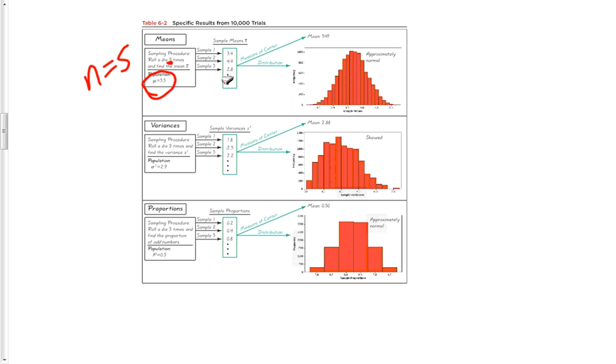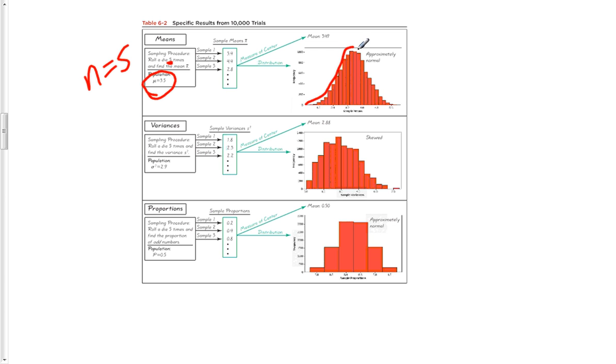So over here, we're going to have the list of all our possible samples, and then we do the probability distribution and make a histogram for it. So this is the histogram for the frequency or probability distribution of the means. And as you can see, this distribution is approximately normal. We have approximately a bell-shaped distribution.